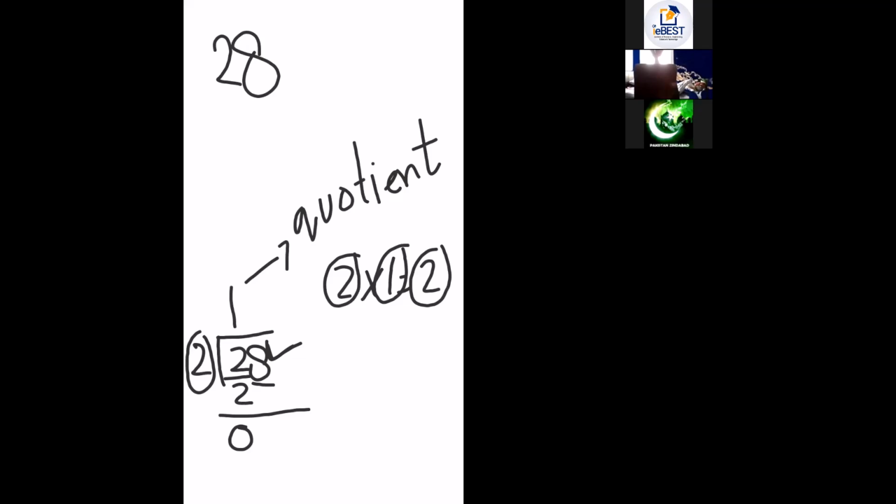So 28 has the number which is 14. 28 has 2 equal halves. If one number is 14, what should I write over here? 14. Very good, excellent.